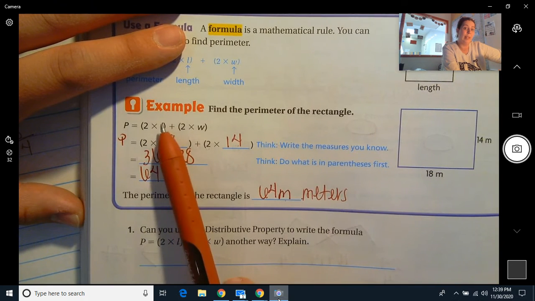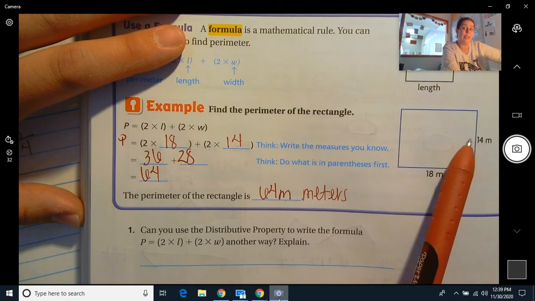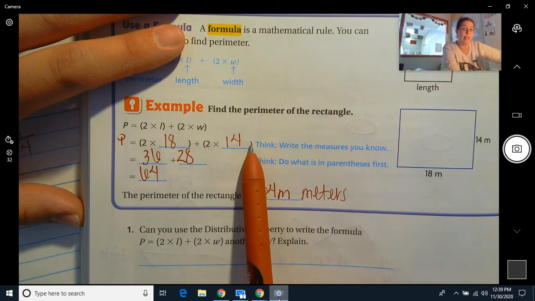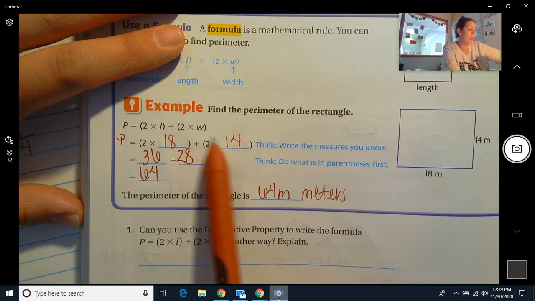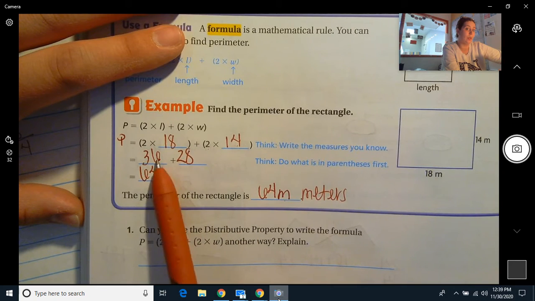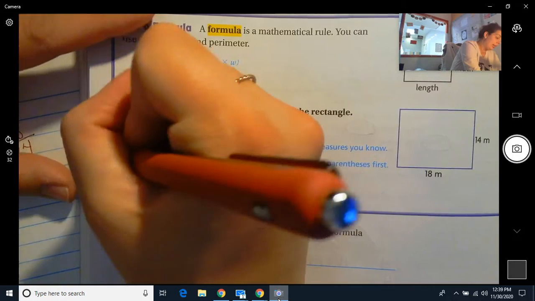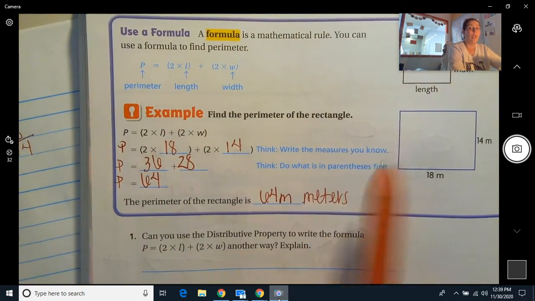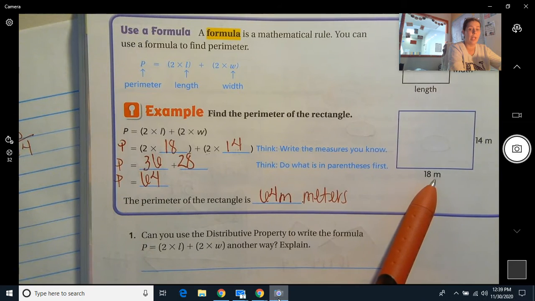That's why it replaced the L. And 14 was my smaller side. That's why it replaced the W in the previous. Then you solve it, each one, and that's where these numbers come from. And then you add it together to find the total. These all equal perimeter. Perimeter equals 64, but then we also have to put our label, okay?